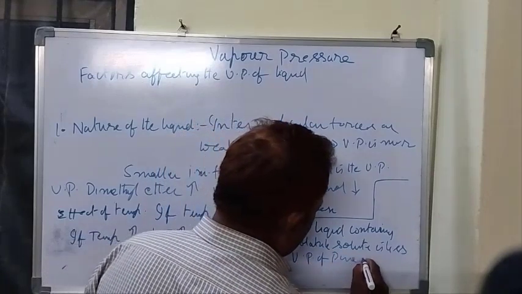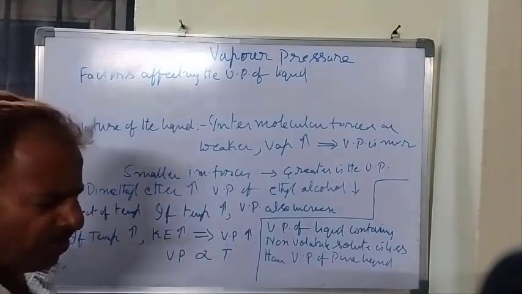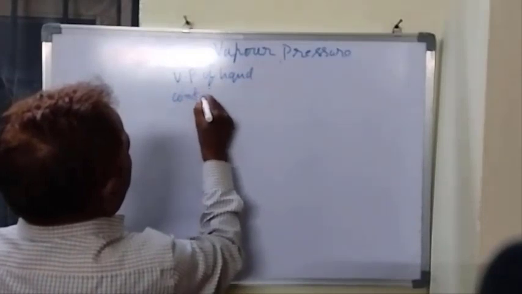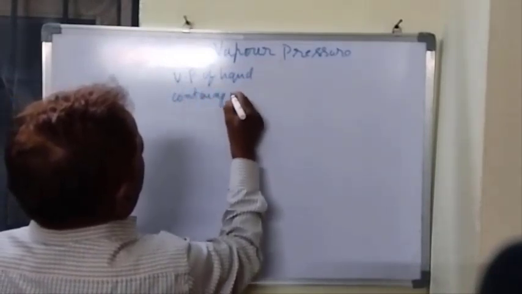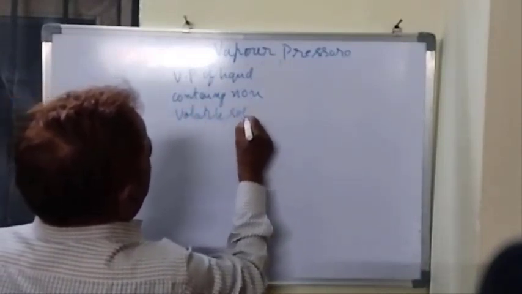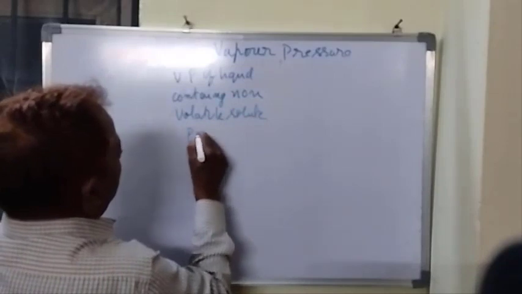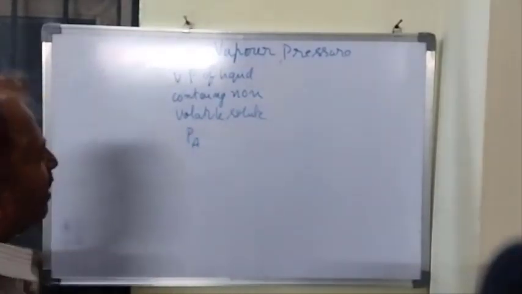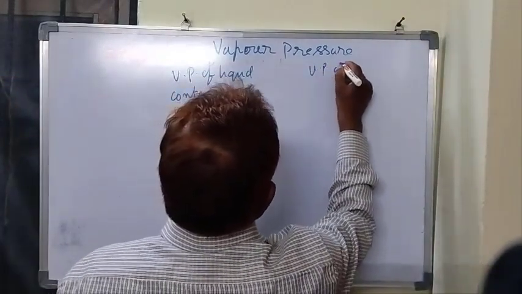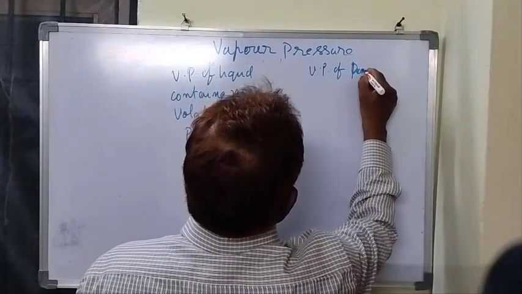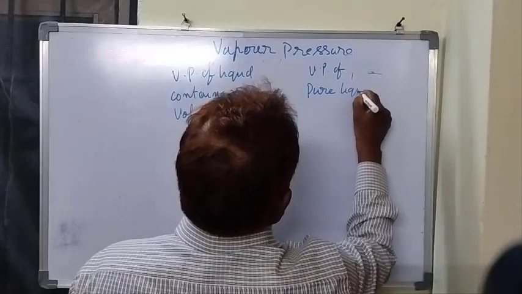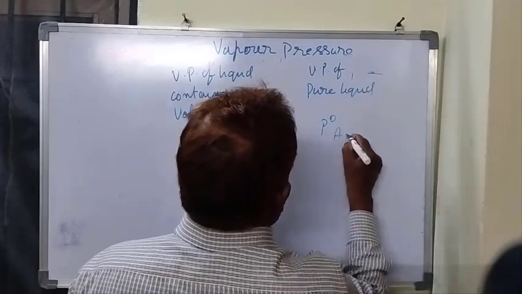Let the vapor pressure of the liquid containing the non-volatile solute be PA, where A is the component that is the solvent, whereas the vapor pressure of the pure liquid is P0A.